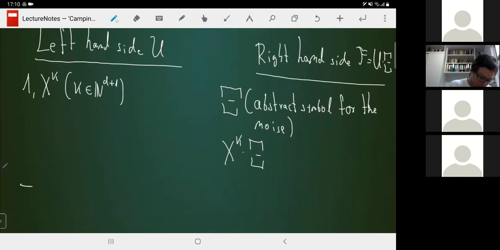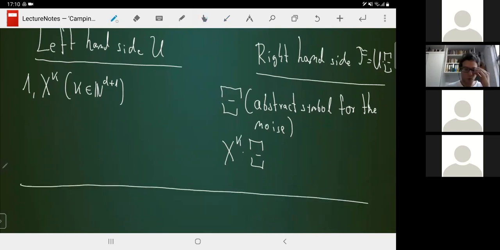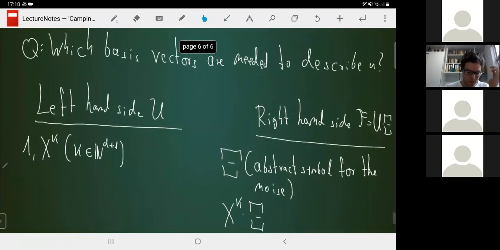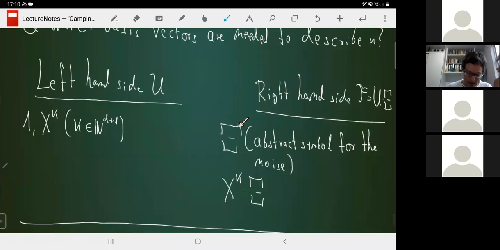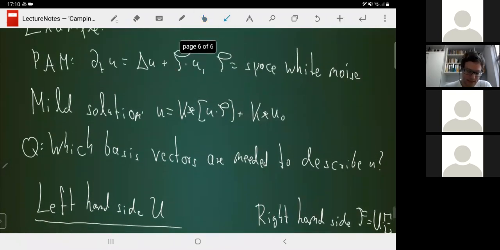Okay, great. So what happens then? Now we need to go back to the left-hand side. Now we have the right-hand side, xi, x to the k times xi. Given this, how does the solution look? Well, what is the solution really? It's the convolution of the right-hand side with the heat kernel.